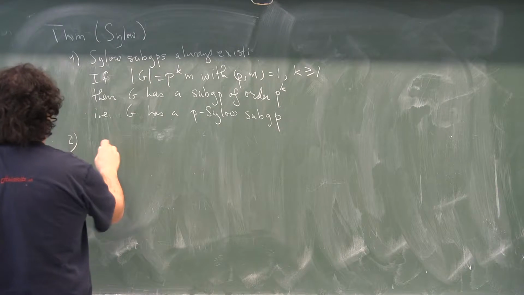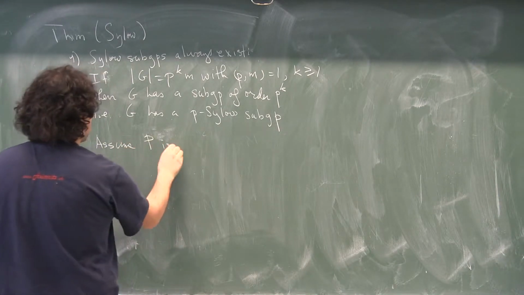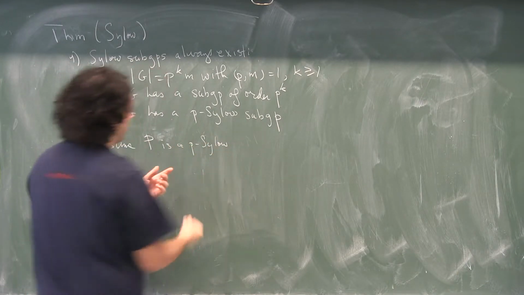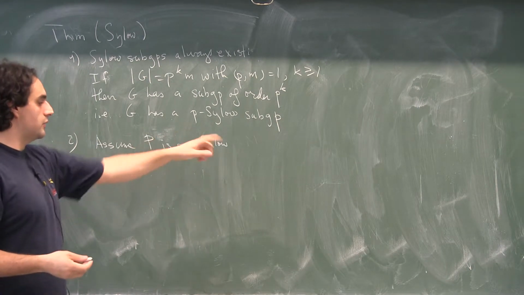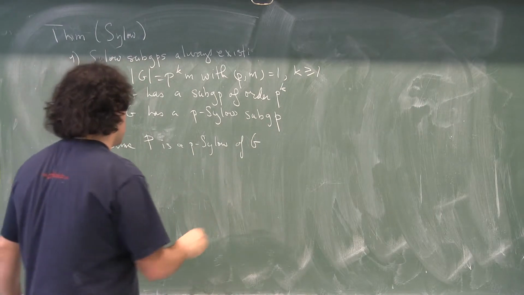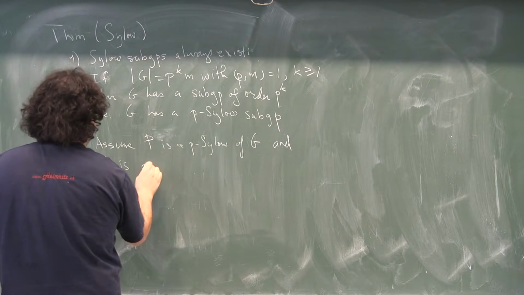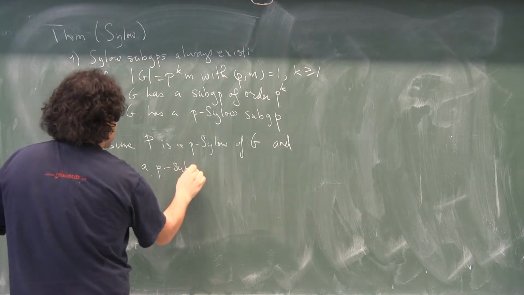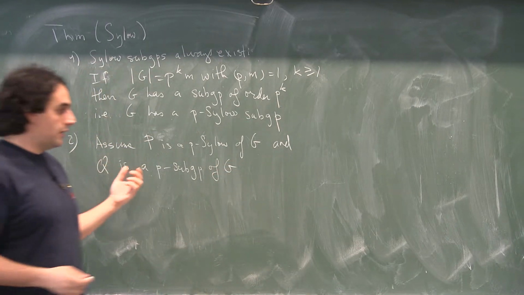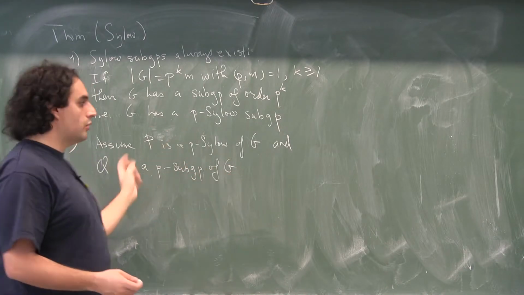Secondly, assume P is a P Sylow. So often we stop writing P Sylow subgroup and just P Sylow of G, the P Sylow subgroup of G. And Q is a P subgroup of G. So by this I mean that Q is a P group, and it's a subgroup of G, but it might not be a P Sylow.